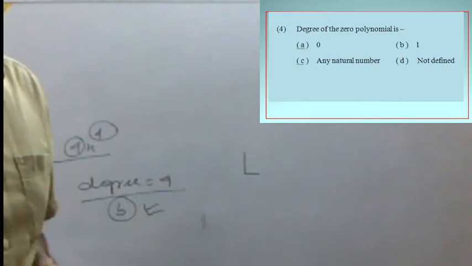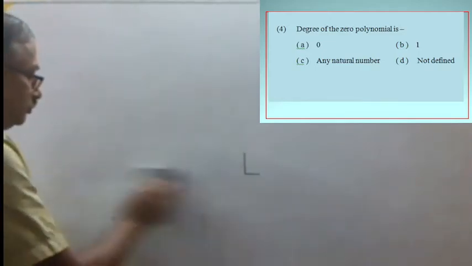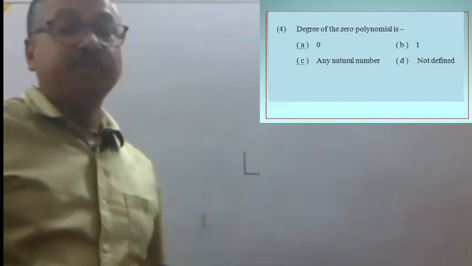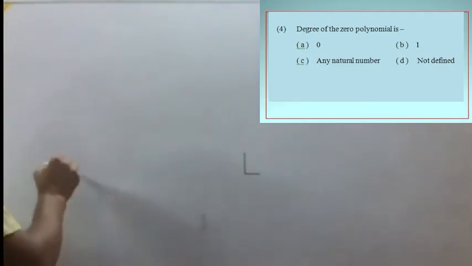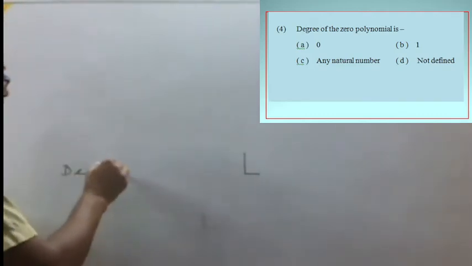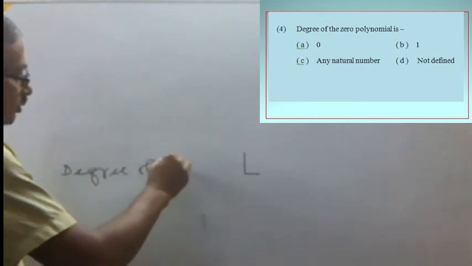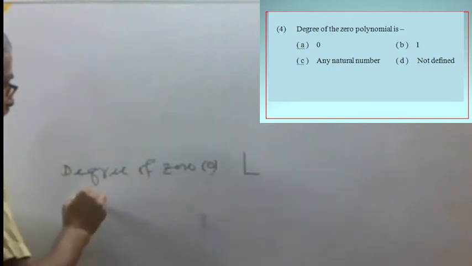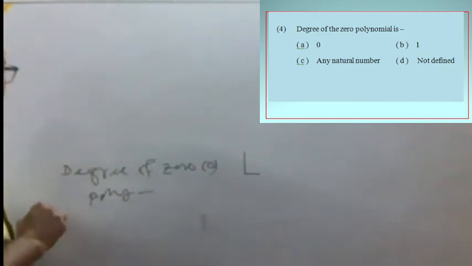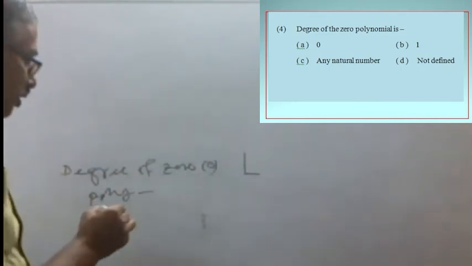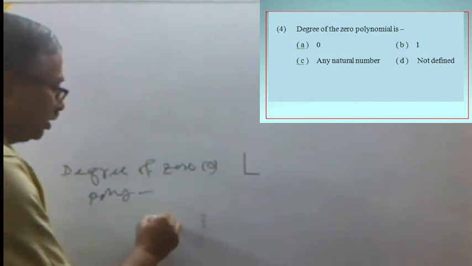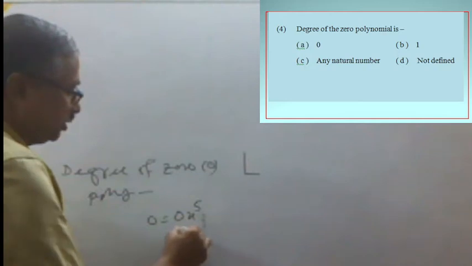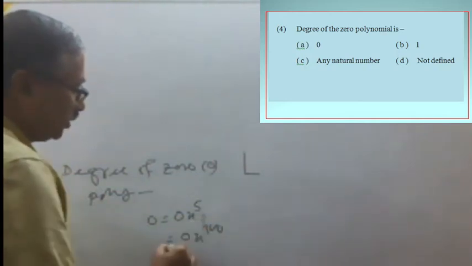Now let us move to the next question. The degree of the zero polynomial. What is the degree of the zero polynomial? Now see, 0 can be written as 0 into x to the power 5, or 0 into x to the power 100, so anything.